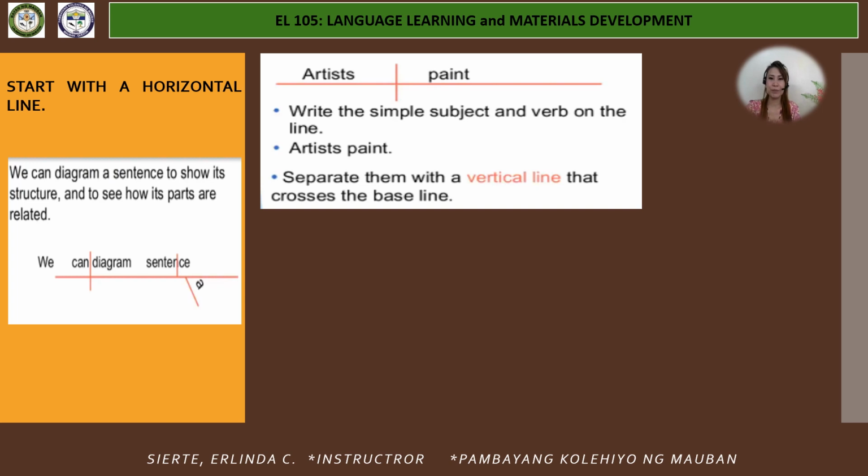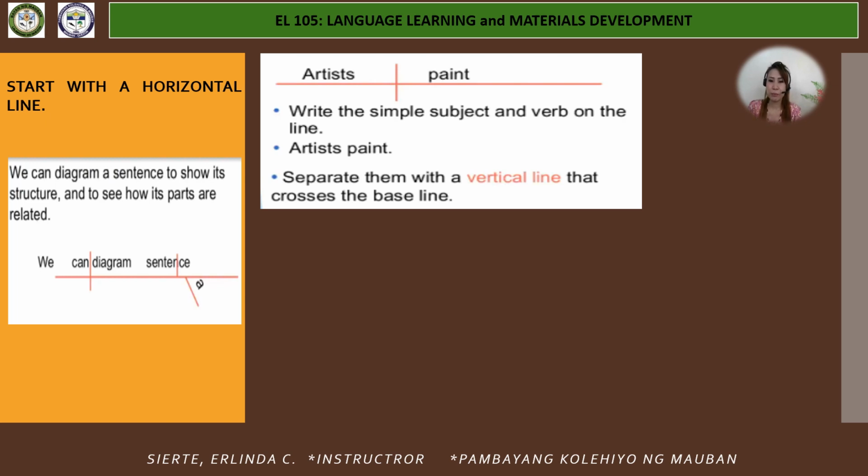So this one, artists paint. That is a simple sentence. So how are we going to diagram? Of course, write the simple subject and verb on the line. If the sentence is given already, find what the subject is and what the verb is. This sentence is artists paint.